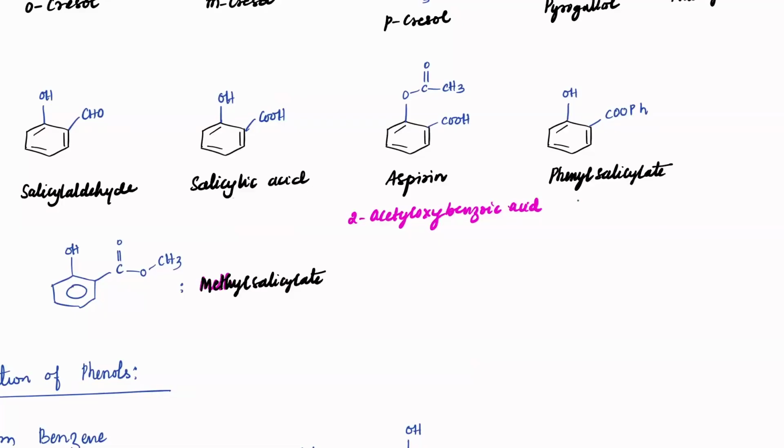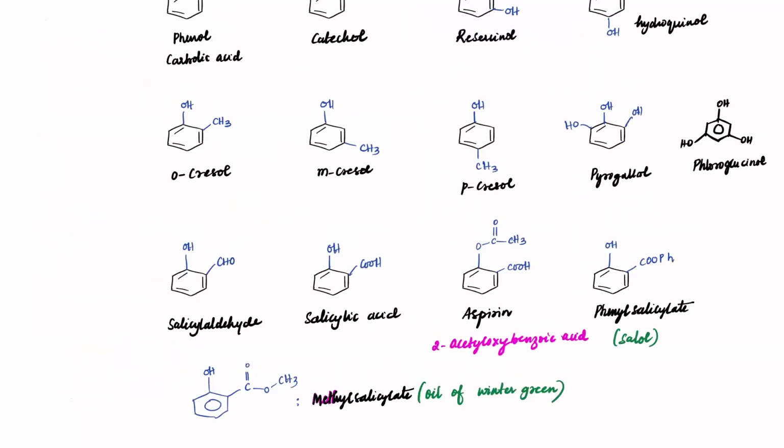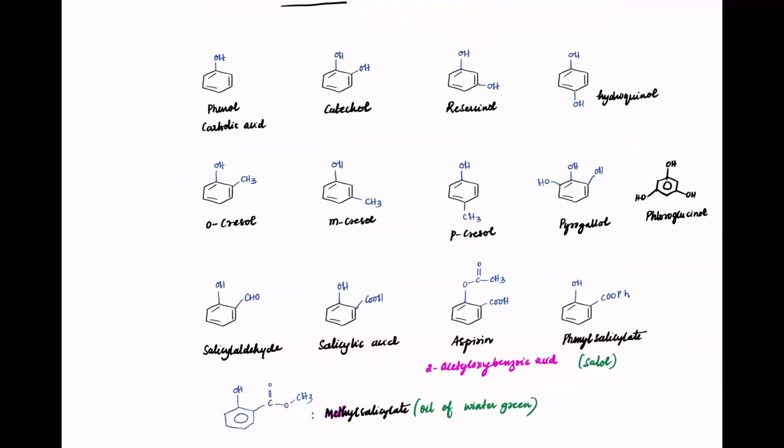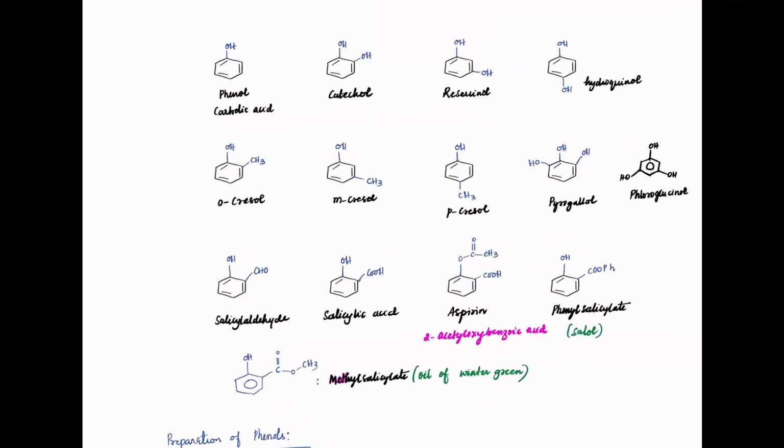For phenyl salicylate, we call it salol, and methyl salicylate is called oil of wintergreen. These are very important common names as well as the accepted IUPAC names. So I suggest all of you check it out once thoroughly.